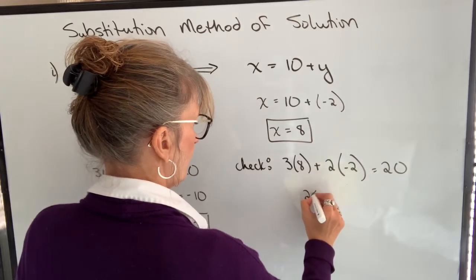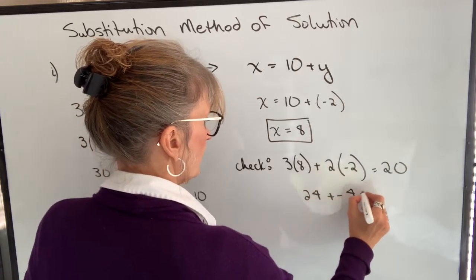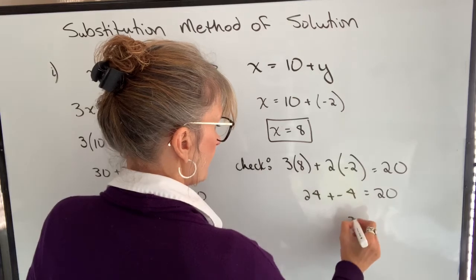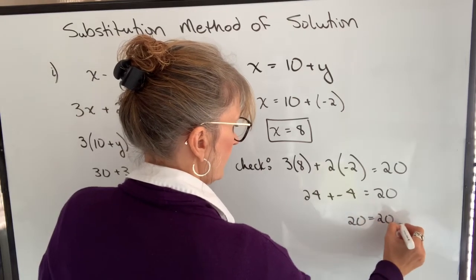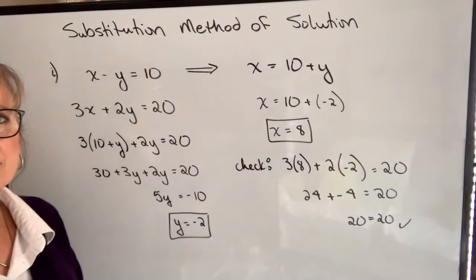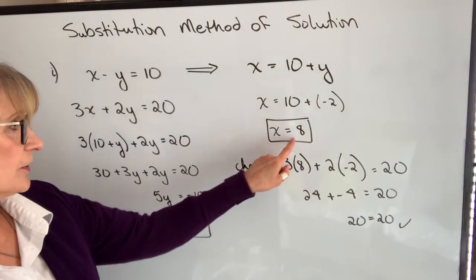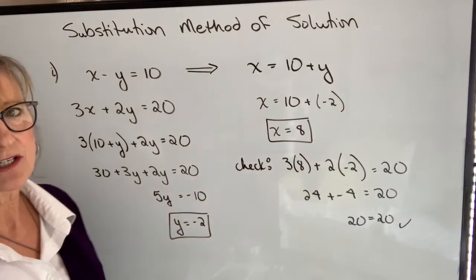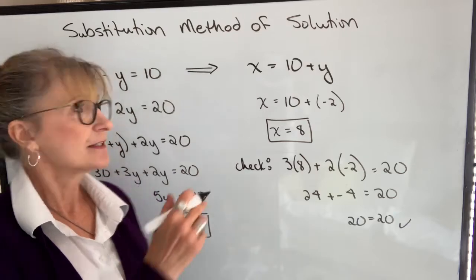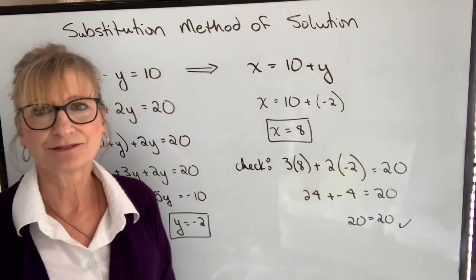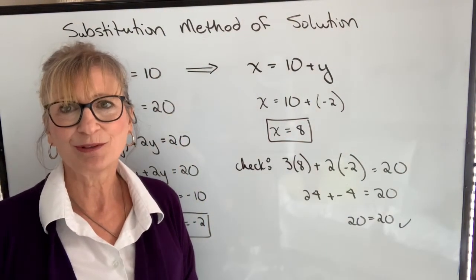So I have 24 plus negative 4 equals 20. So I can see that it works. So this set of values, x equals 8 and y equals negative 2, satisfies both of these equations. Let's take a look at another example.